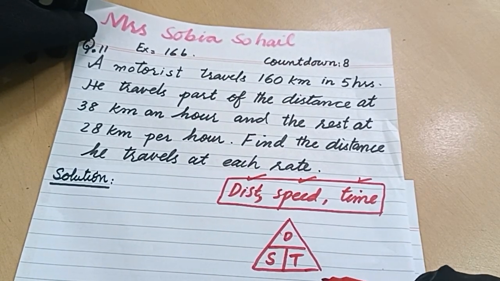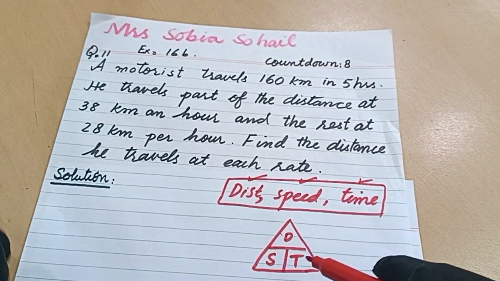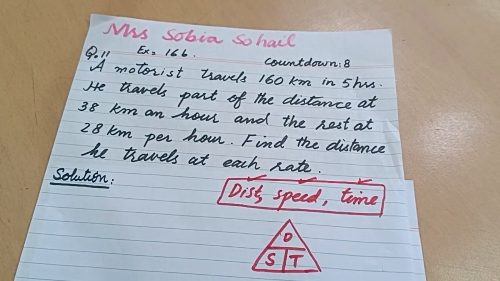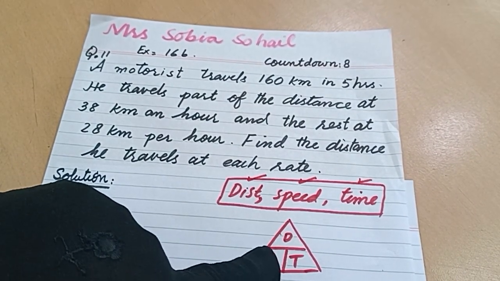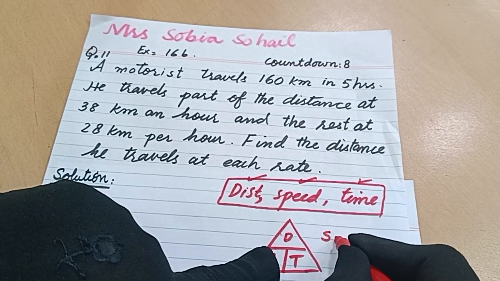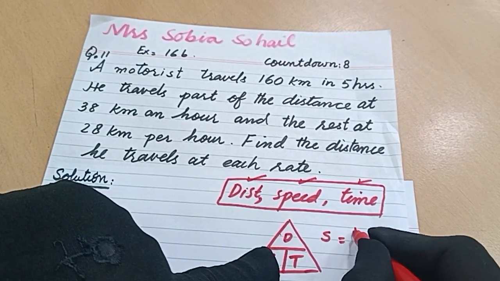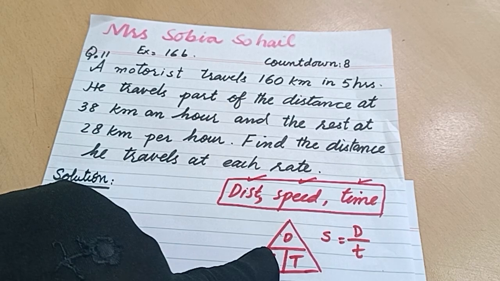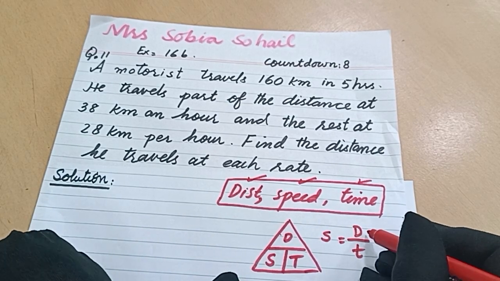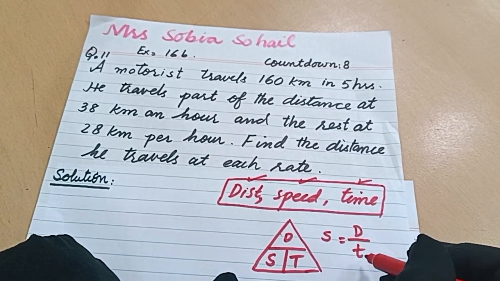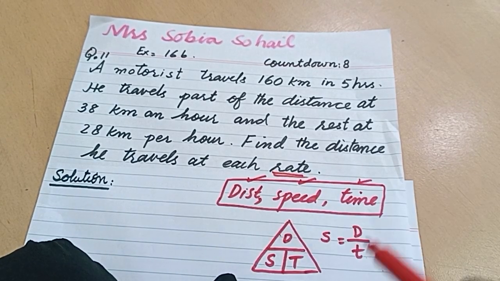So what is the speed? From this triangle I tell the student, speed is this one, so hide this one with your finger. Speed is equal to distance over time. It's a rate of change of distance with respect to time. That's why it's written rate over here.